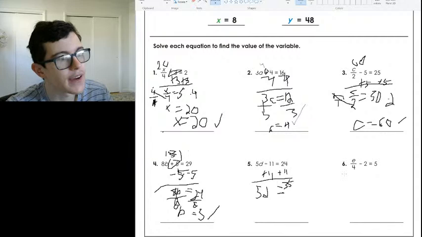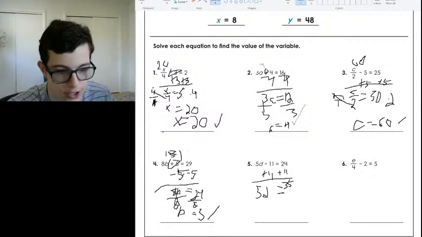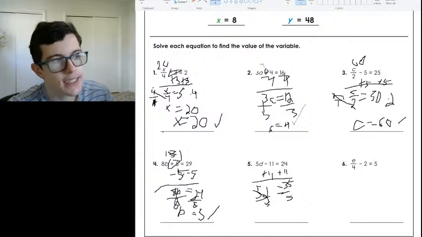So you get 35 equals 5d. Just like problem number 4, the inverse operation of multiplication is division, so we're going to divide both sides by 5 to get d equals 7.